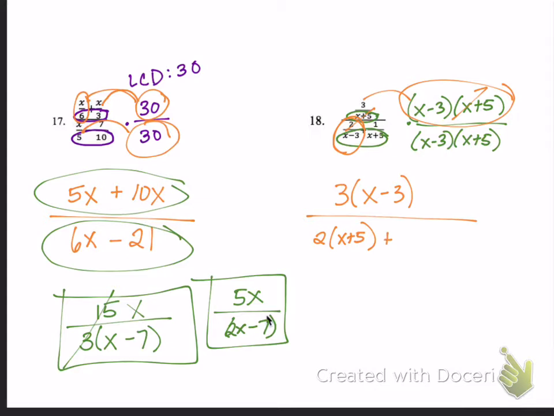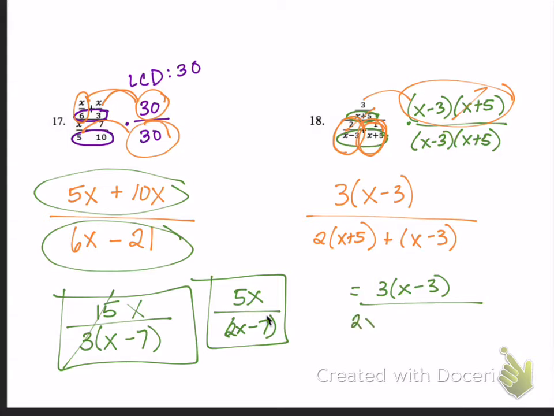Then this gets easier. It just takes some practice. And then on this second one, the x plus 5's cancel, and I'm left with plus x minus 3. Does that kind of make sense? Then I'm going to simplify this. So I'm going to leave the top as 3x minus 3 because it's already in factored form. On the denominator, I'm going to distribute the 2.